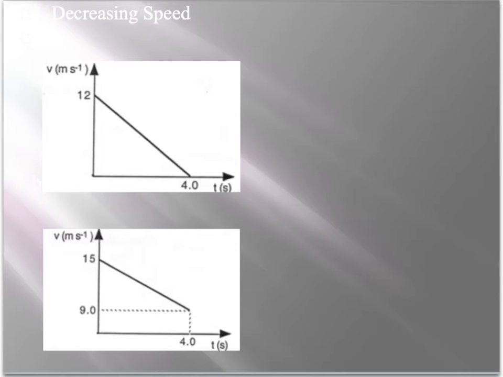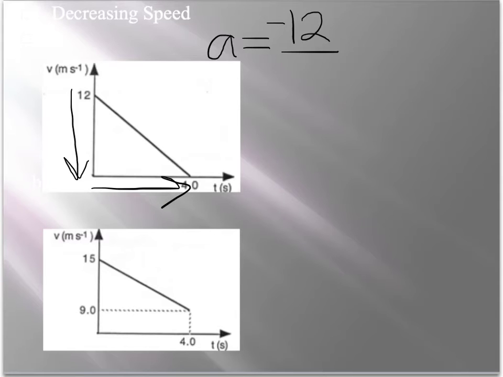Okay, here are two more examples. The first one, the acceleration can be found as the change of speed over time. The change of speed is from 12 down this time to 0, so we signify that with a negative sign, minus 12. And the time it took is 4. So there's our acceleration calculated.